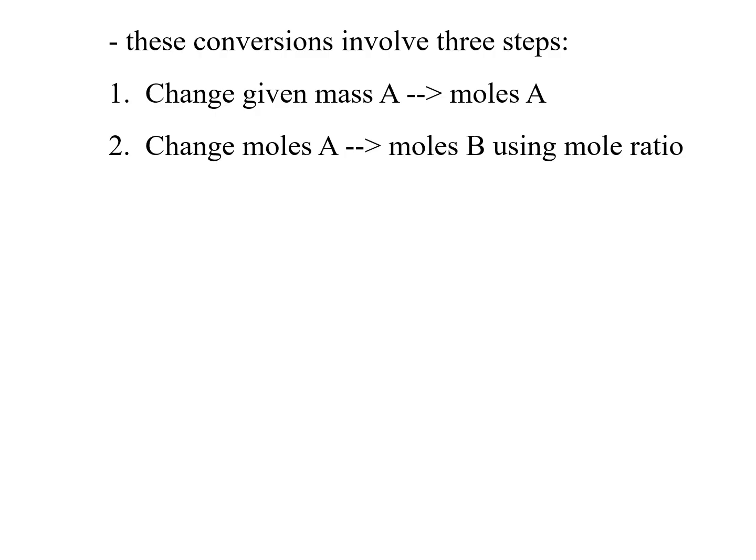We're going to use our mole ratios like we learned just a moment ago. And then finally, we're going to take the moles of that second substance and convert it into grams of that substance. And again, we know how to do moles to grams. So this is the 3-step process that we're going to learn how to do here, and we'll do an example problem so you can follow along with how this works.